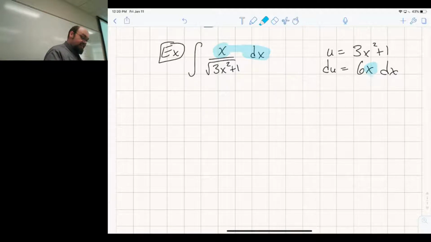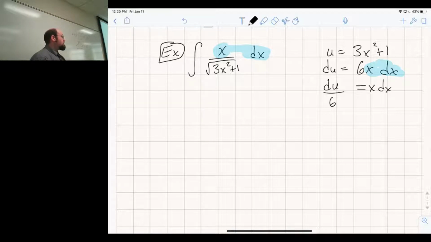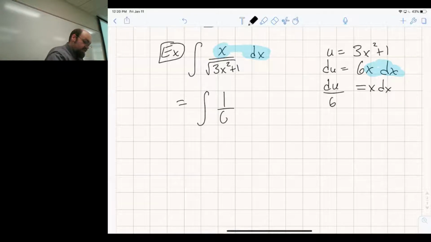So here's x dx. I like to think about moving that 6 over, having du over 6 equals x dx. So I'm going to replace x dx with du over 6. So that's going to be the integral of 1 over 6, and I'm going to put a du right there.